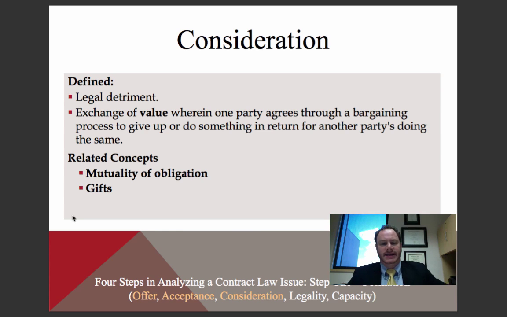Now the university is getting money, again it has value, but it's giving up its ability to give your spot in this class to someone else. Or from a more straightforward standpoint, the university has to pay me to teach the course, so they're also losing value. So both sides have mutual obligation.